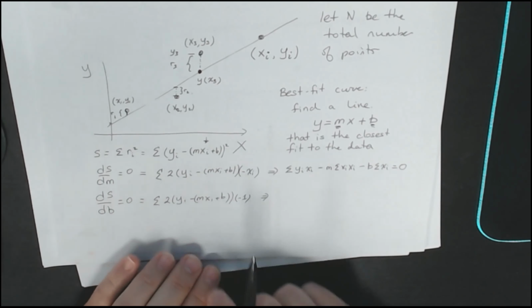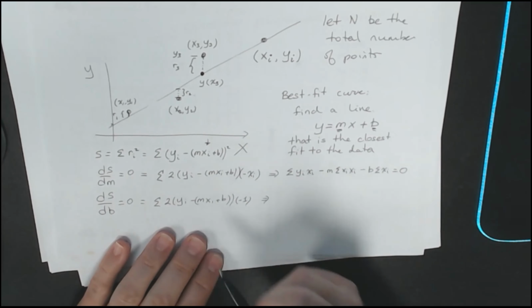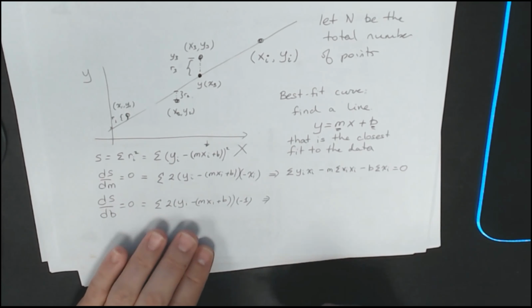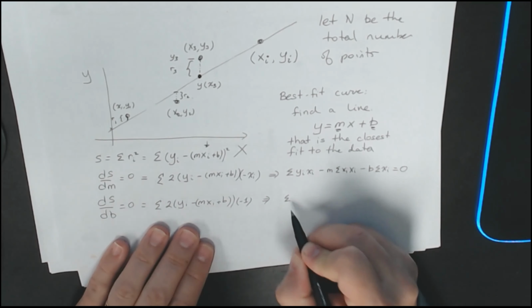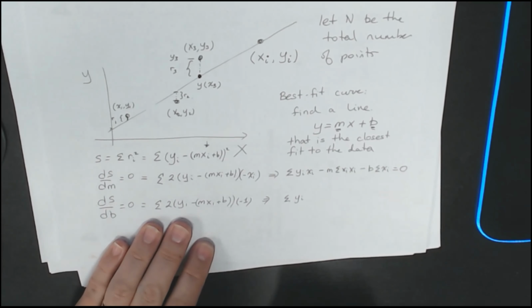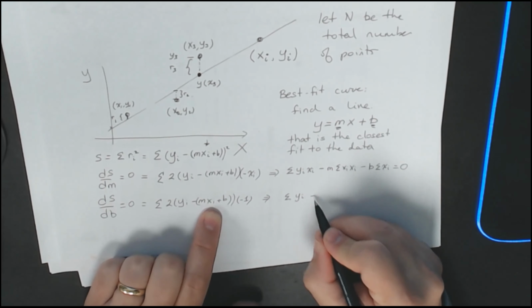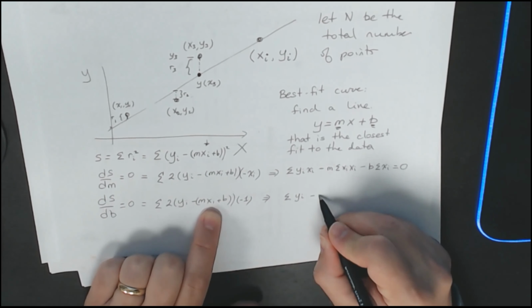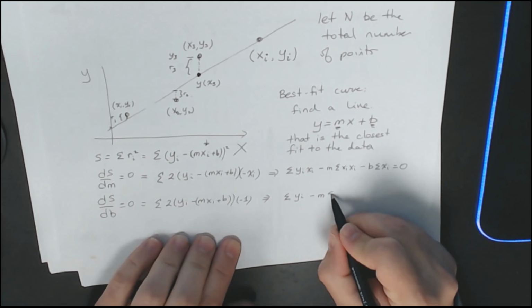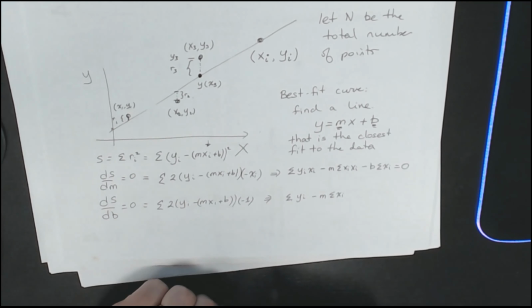Do it again for this equation. The 2's and the minus 1's don't come into play. What you're left with is the sum of all the yi's. This guy down here would be minus m times the sum of all the xi's.